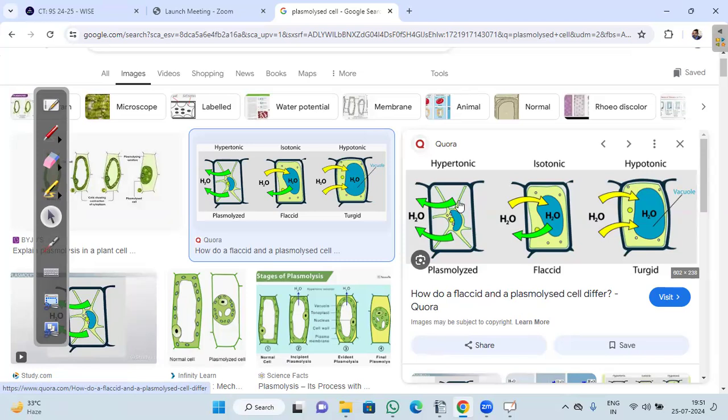The cell membrane also shrinks. So it is dependent upon the vacuole? The size of the vacuole depends on the amount of water present inside the cell.